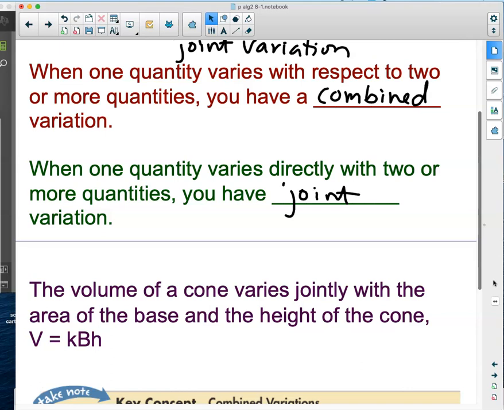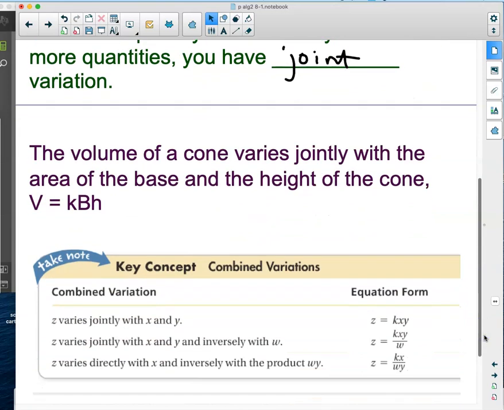The volume of a cone varies jointly with the area of the base and the height of the cone. And in this case, k is 1/3. That formula was given to you in geometry. But it definitely is joint variation because it was 1/3 area of the base times the height. So these two variables instead of one variable make it joint instead of direct variation.